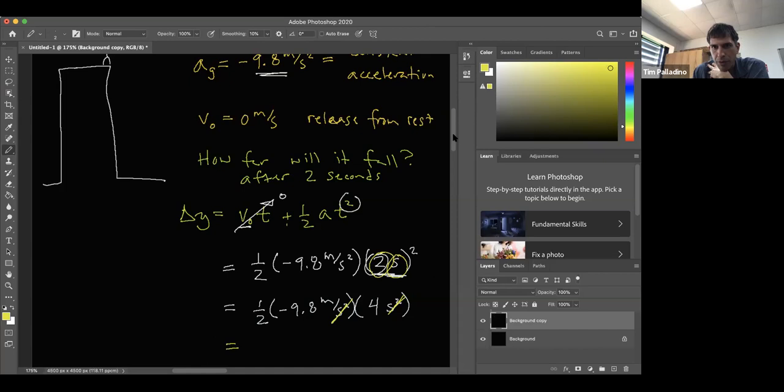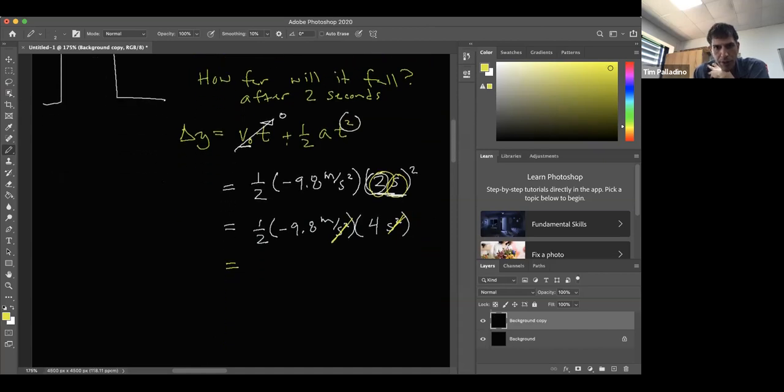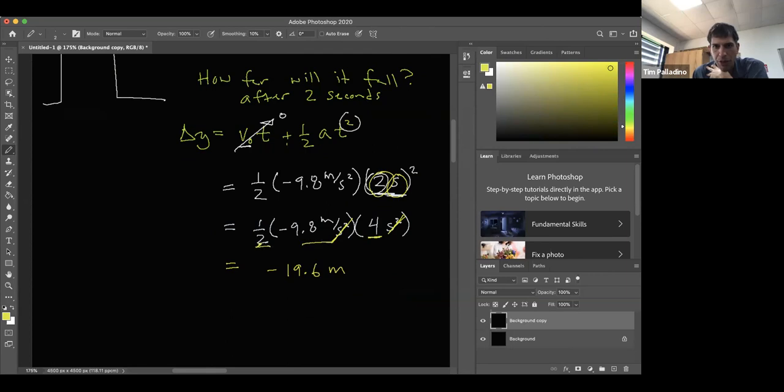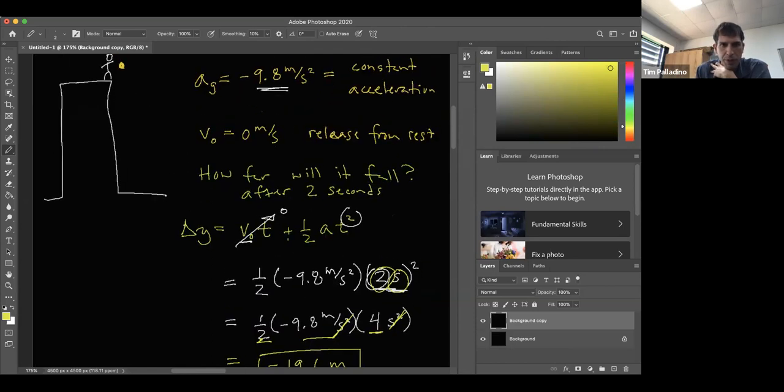And the number, if you do this in your calculator, should be negative 19.6 meters. Just multiply these all out in your calculator and you should get negative 19.6 meters. Why negative? If we assume wherever we drop the ball from, it's going to go from here straight down. It should drop to here, negative 19.6 meters. So it's moving in the negative direction.